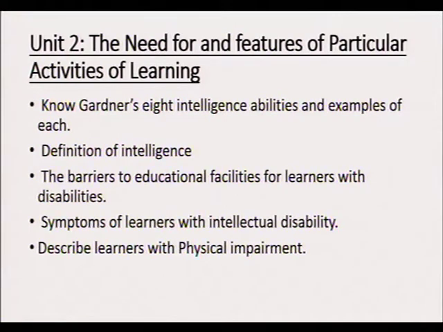The barriers to educational facilities for learners with disabilities. Symptoms of learners with intellectual disabilities. Describe learners with physical impairment. This is all what you have to look at in Unit 2.